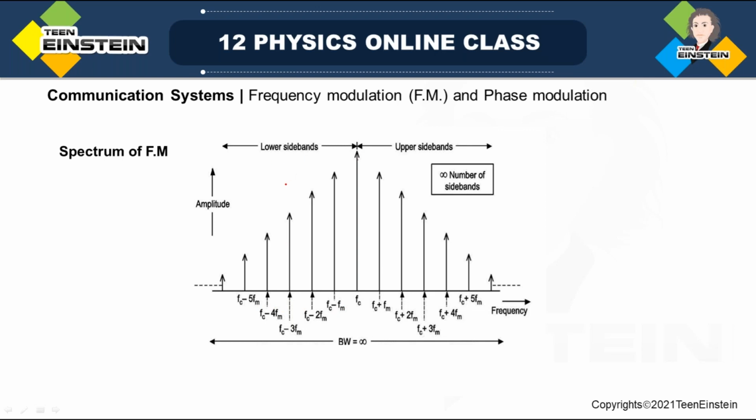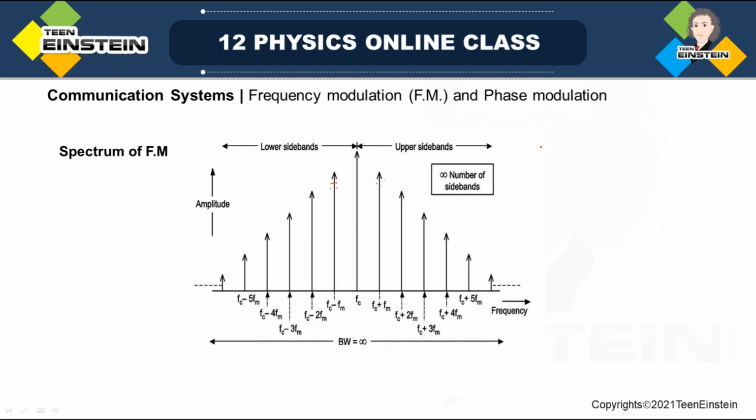So this is the maximum, and then it will go down to the minimum. The number of side bands with significant amplitude depends upon the modulation index.